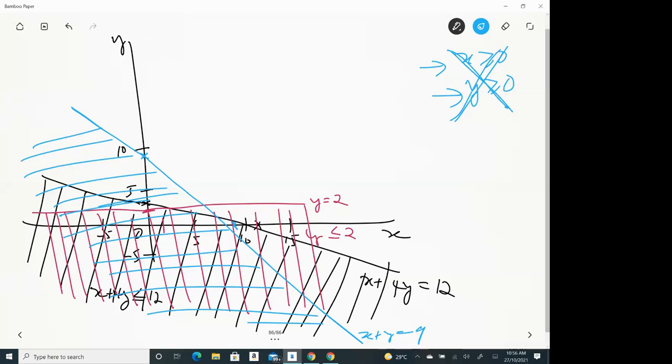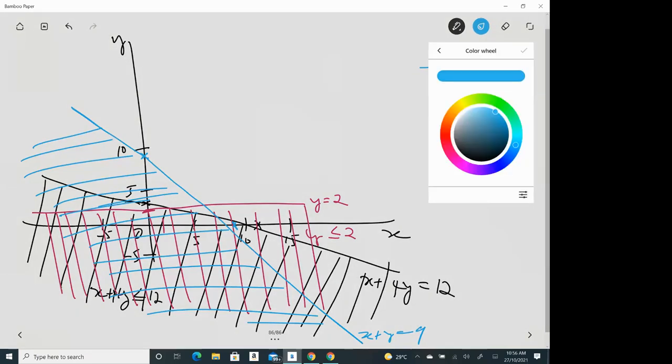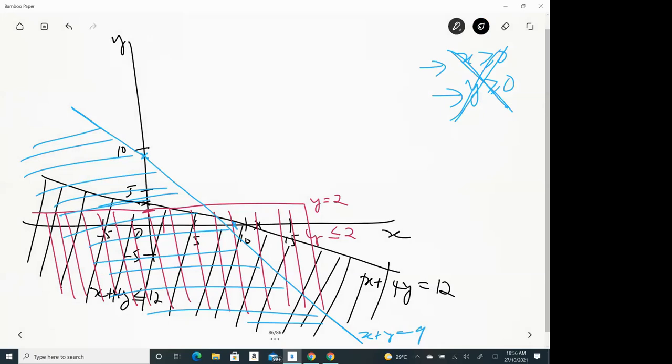Anybody who got it? Intersecting area only. Quickly. For the first person who identified, let me know. The trapezium, sir. You tell me the area first. The area from where to where?